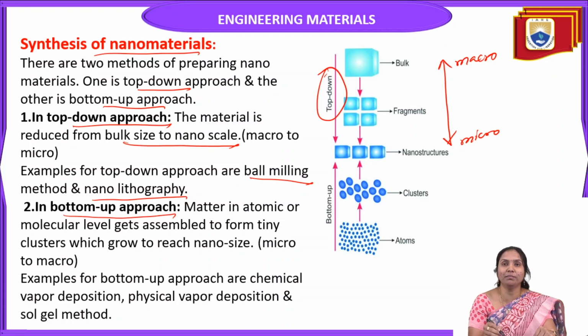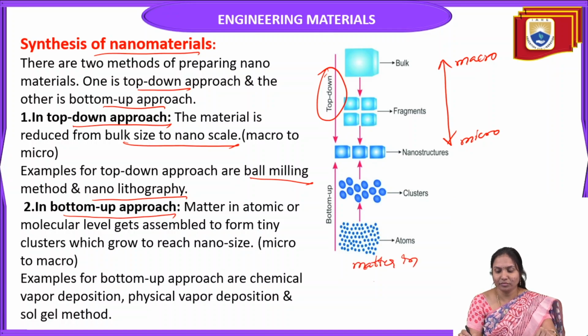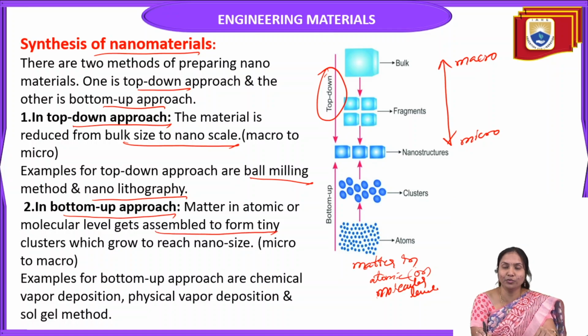And the second method is the bottom-up approach. In this case, matter in atomic or molecular level gets assembled to form tiny clusters, so the particle size is very small, and then grows to form nanostructures.